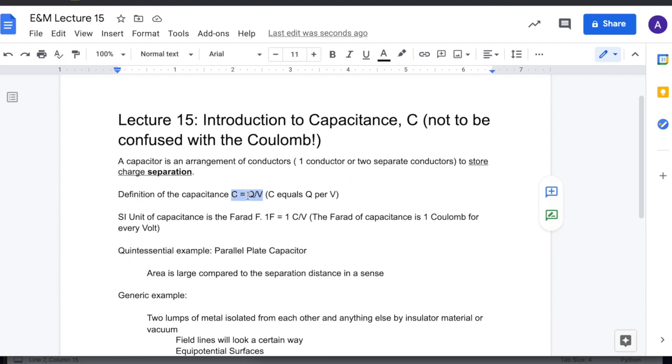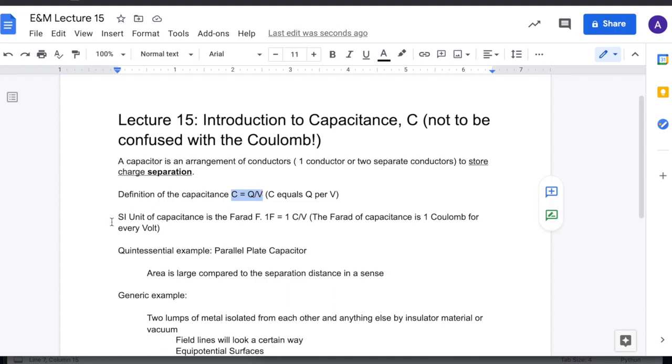So this is how you would calculate capacitance. You could calculate it easily if a problem just told you it takes 10 volts to store 2 coulombs of charge separation. Then 2 coulombs divided by 10 volts is 1/5, and it'll be 1/5 of a coulomb per volt.